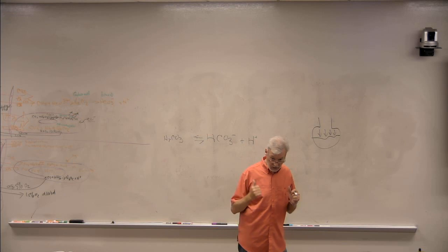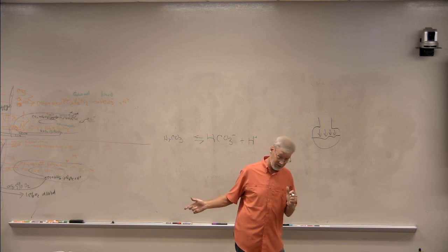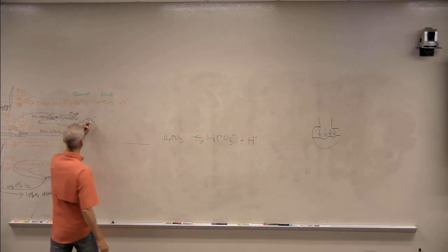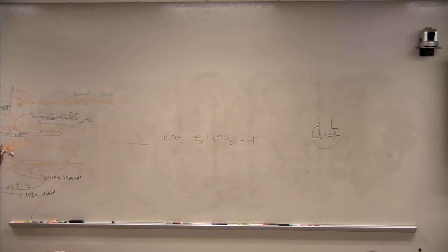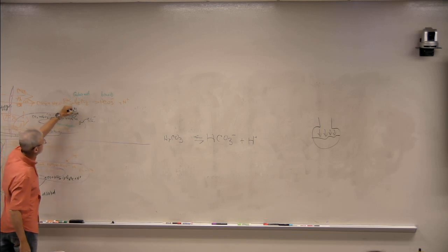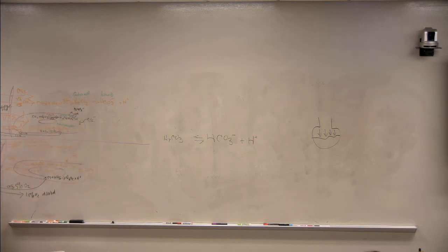Those of you that are smart know that on the other end it's going to come back out. The reason the chlorine goes in is to balance the charges. We had a negative charge, HCO3-, come out. It's called the chloride shift.